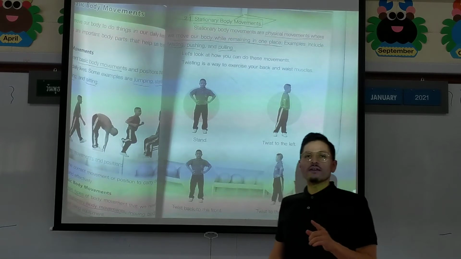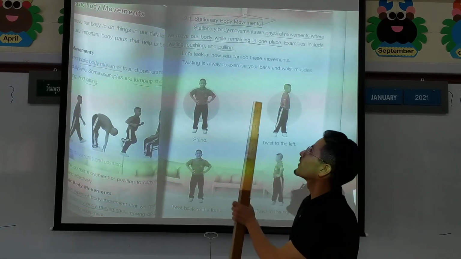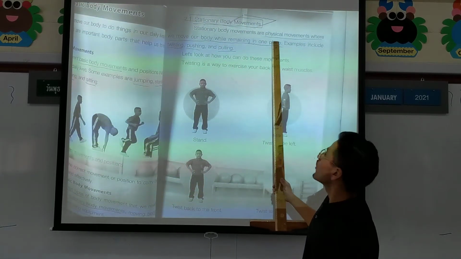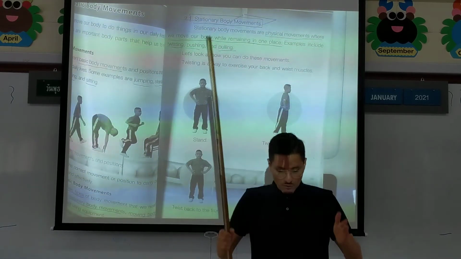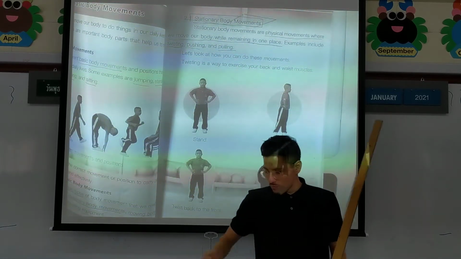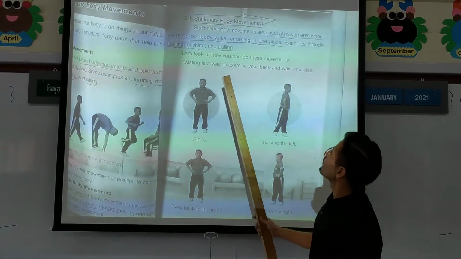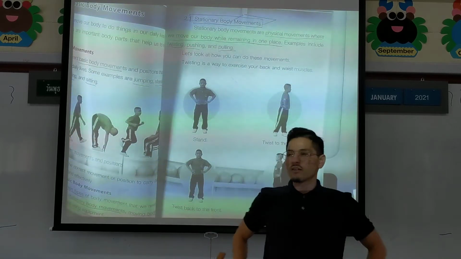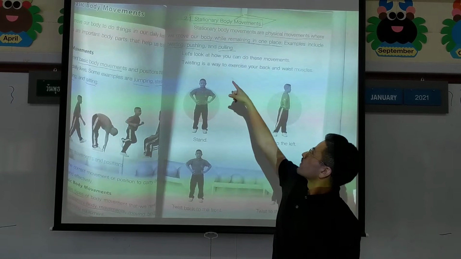The first one, they said there's three main types. The first one is stationary. Stationary body movement. Physical movements where we move our body while remaining in one place. We don't move our body to a new place. So, example, twisting. We twist our body, but we don't move. Okay?